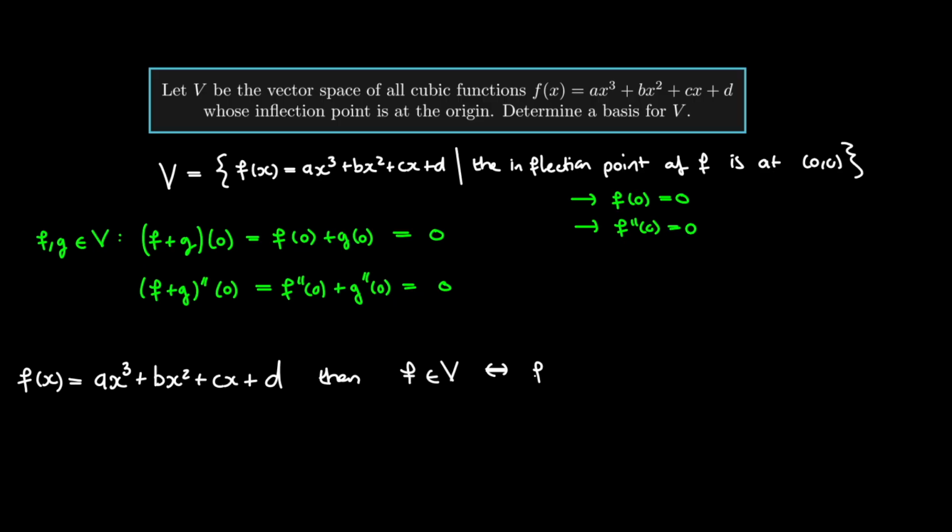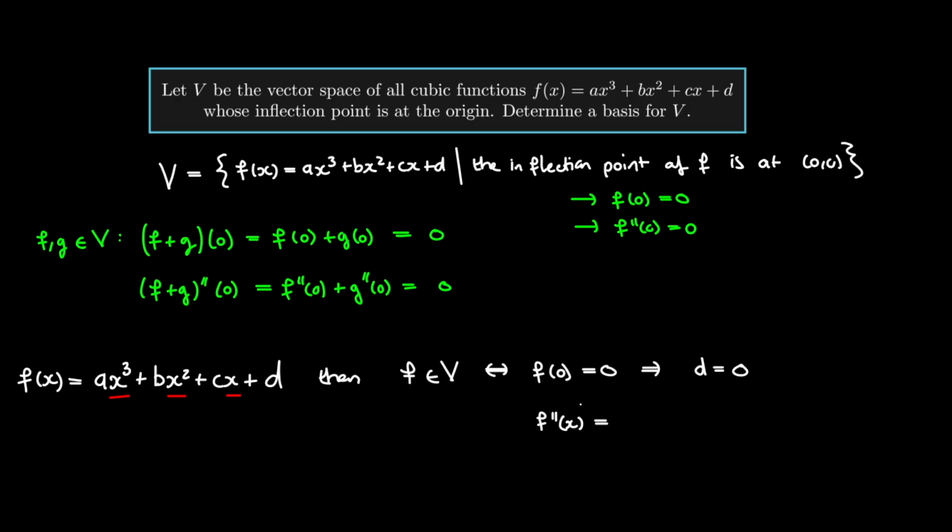So f of 0 is equal to 0. But what does that mean, f of 0 equal to 0? Well, if I plug in 0, I'm going to get 0 here, 0 there, and 0 there. And that just means, at the end of the day, d is equal to 0. Now, if I take the second derivative of f of x, what is this going to be?